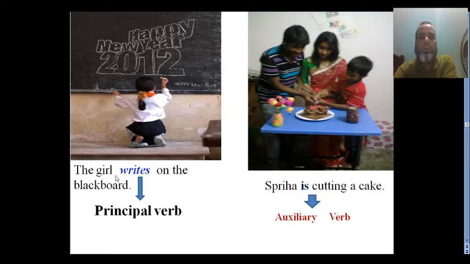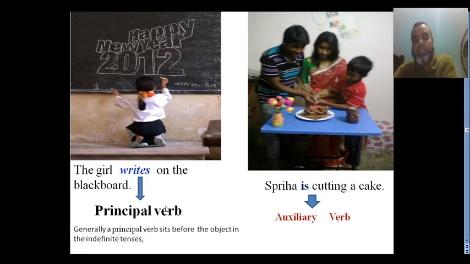So, it is called the main verb or principal verb. That means the verb which completes the full sense is called principal verb. Generally, a principal verb sits before the object in the indefinite tenses.